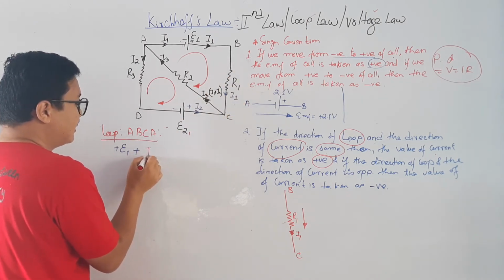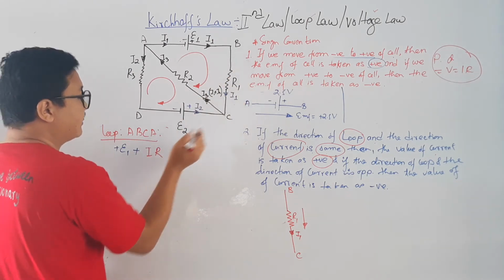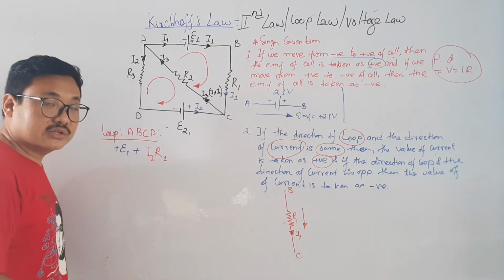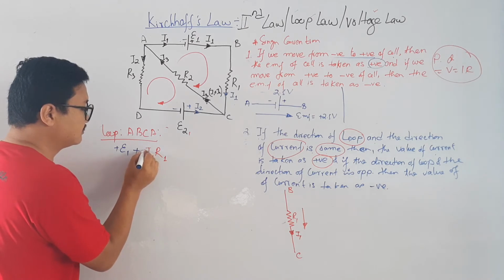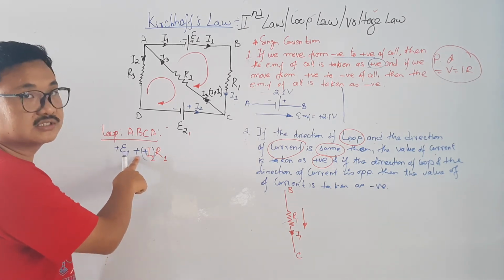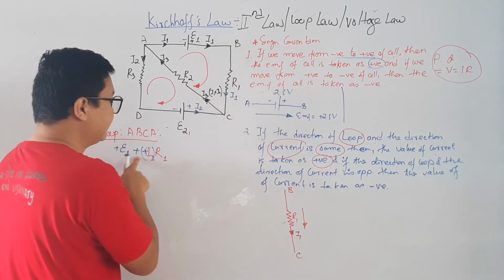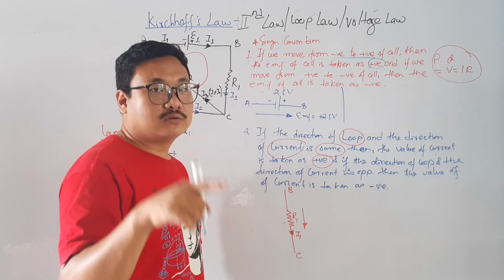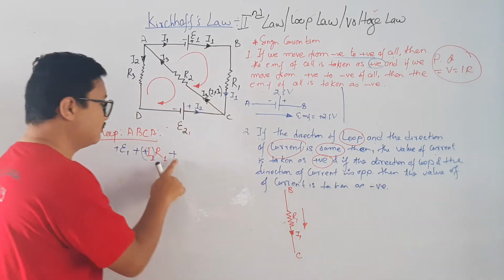V equal to I into R, where the current is I1 and the resistance is R1. So here I will take it as positive. Then I have to add, because the sum of all the potential drops and the EMF in a closed loop is always equal to 0. Sum means addition.